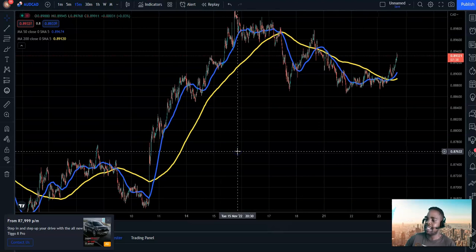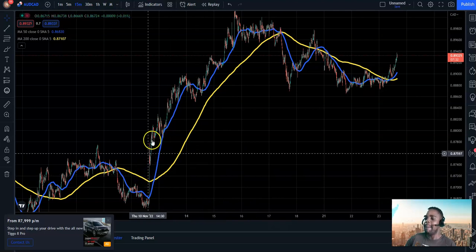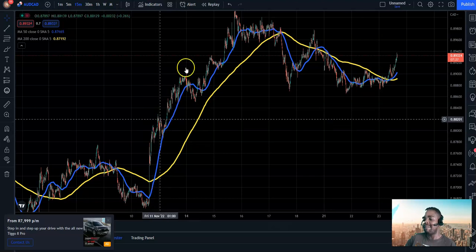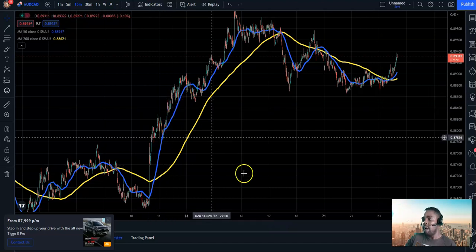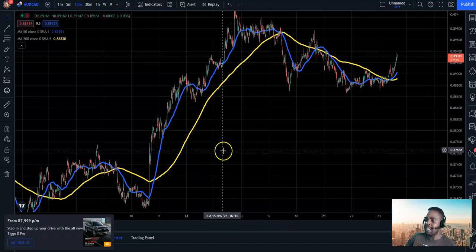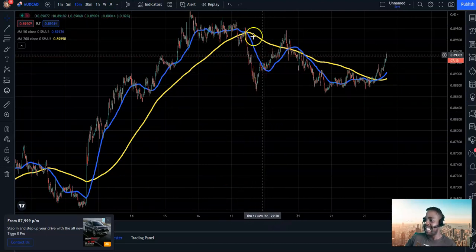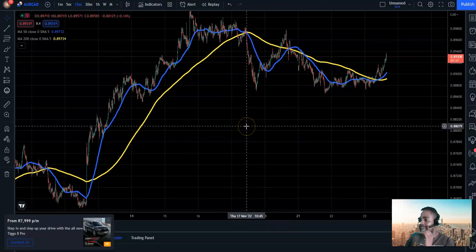But you must also be rest assured when you are using these faster and slower moving averages, or the golden cross, that the candlesticks are above. If it's an uptrend, make sure the candlesticks come above the moving average. For the downtrend as well, make sure the candlesticks come beneath the moving average, so that you can be rest assured.